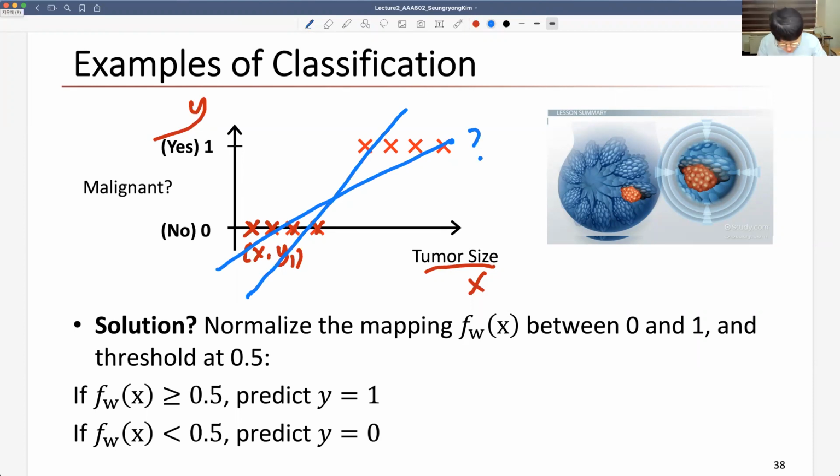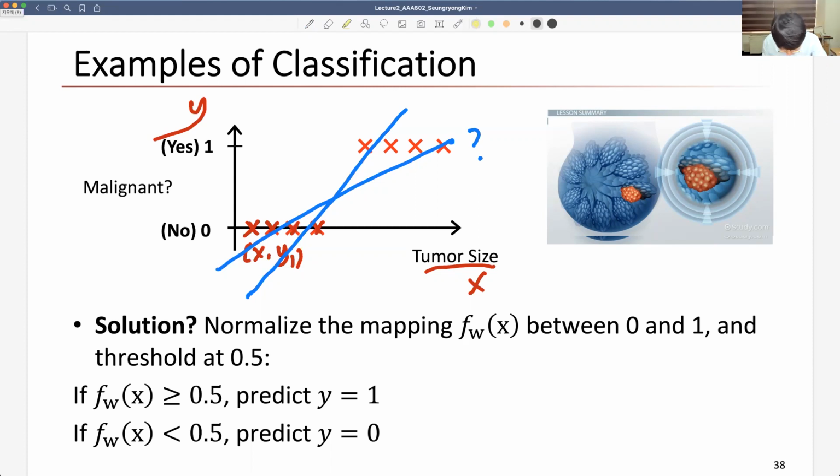But as you can see here, in the classification problem, we want to classify the samples to a discrete label. We don't want to find a continuous value, right? So to solve the classification problem, we need a new mapping function or a new way to generate the categorical output. So here's a solution.